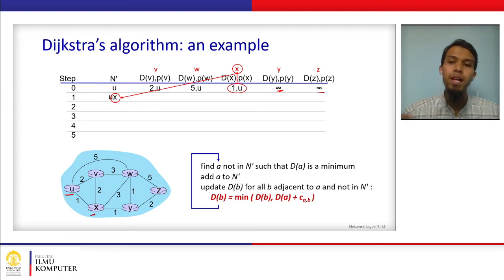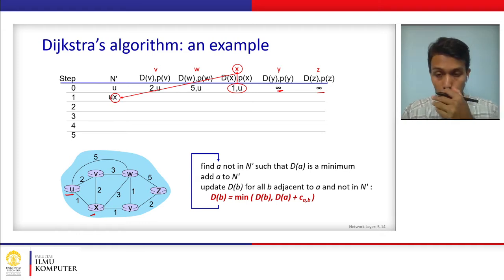Basically, we already know the least cost path from u to x, and from x we can go to the other nodes that are adjacent to x. Now we find one more path.